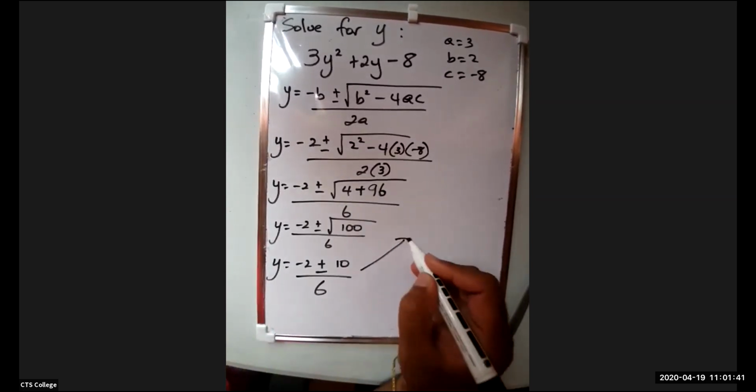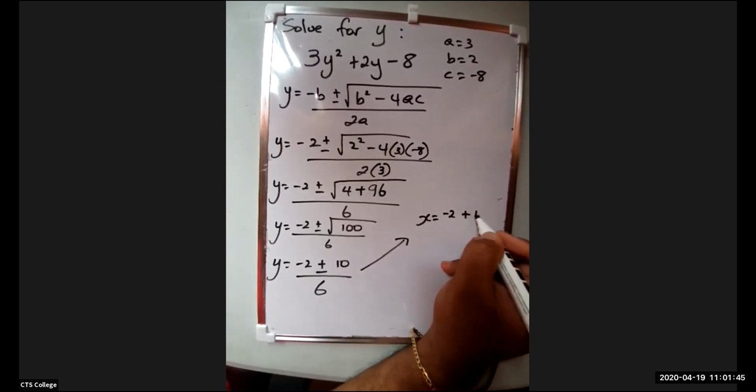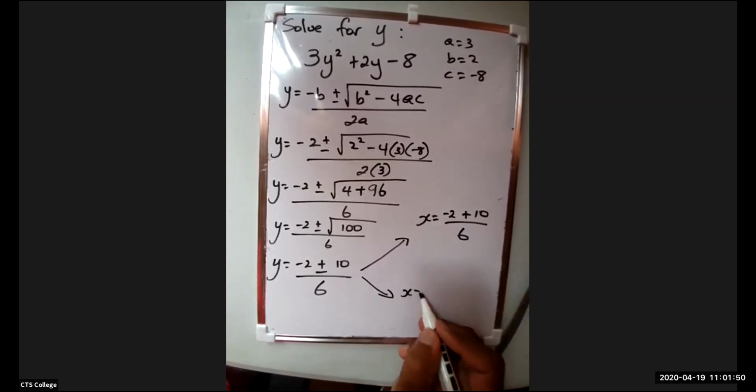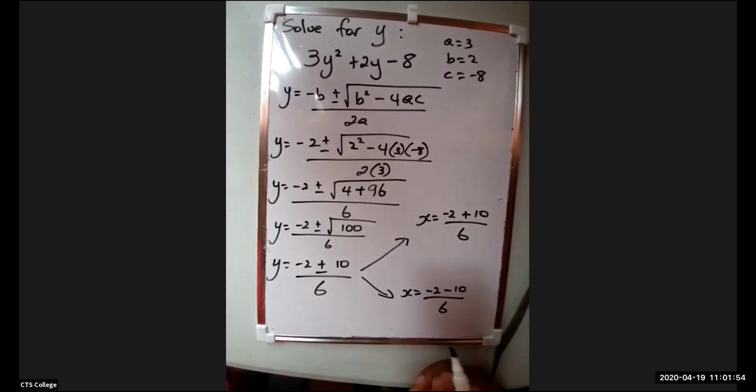So now we can split it up. X is equal to negative 2 plus 10 all over 6. And of course, x is equal to negative 2 minus 10 all over 6.